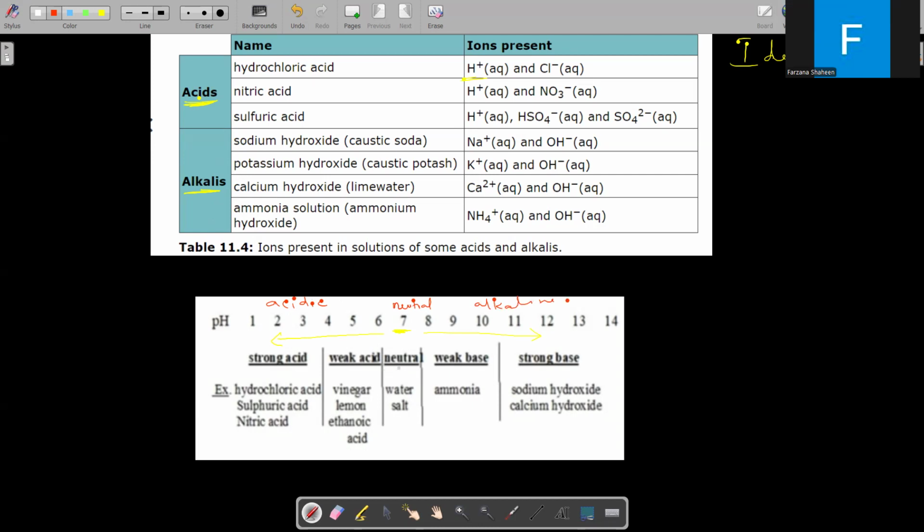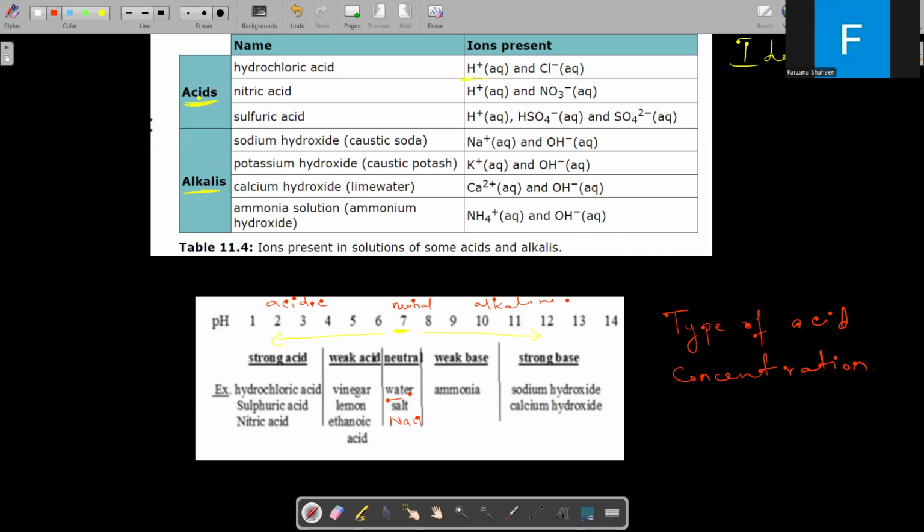This pH scale depends on the type of acid and also the concentration of the acid. For example, water is neutral. It has a pH of 7, and also a few salts are neutral, for example NaCl, sodium chloride solution.